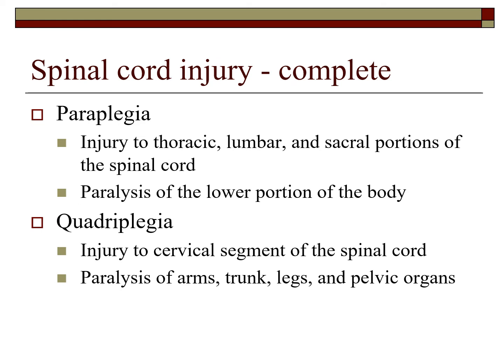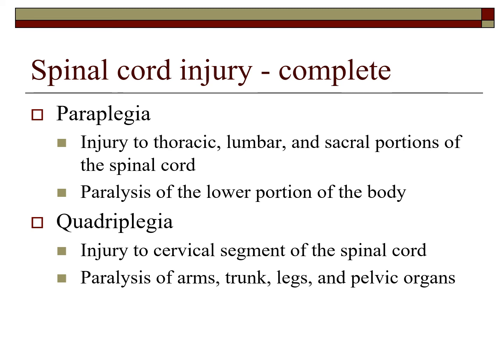With spinal cord injuries, I'm just going to focus on the complete injuries. There are some partial spinal cord injuries that are incomplete, so those are more detailed and better information for those of you going into neuro intensive care. For general information, you see the terms paraplegia and quadriplegia, and you can see where the injuries are typically located.